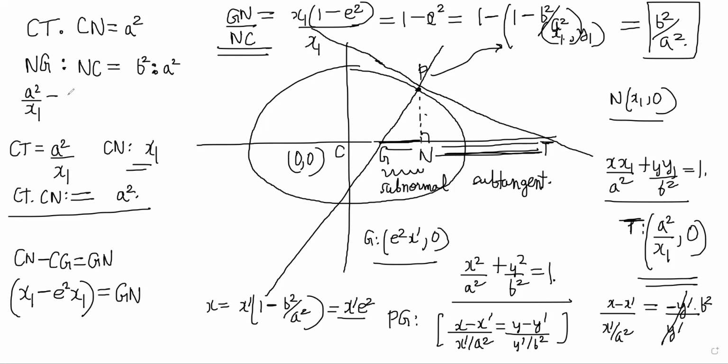Cn was x1, right? This is your subtangent. And subnormal Gn is coming out to be just what we wrote here, x1 into 1 minus e square, right? Correct.